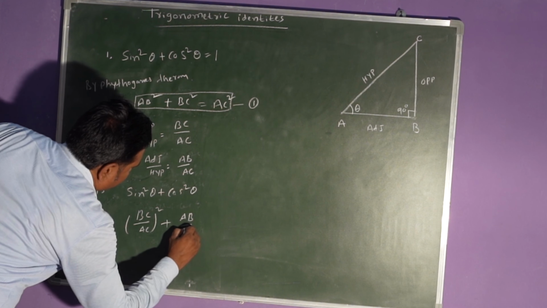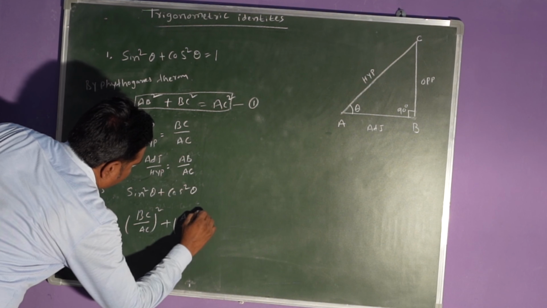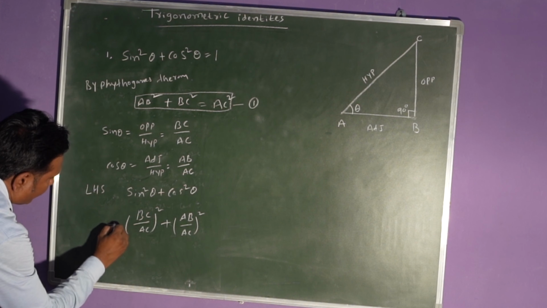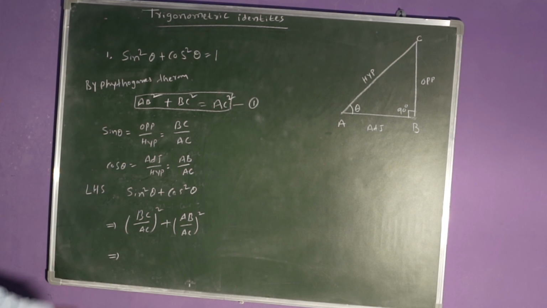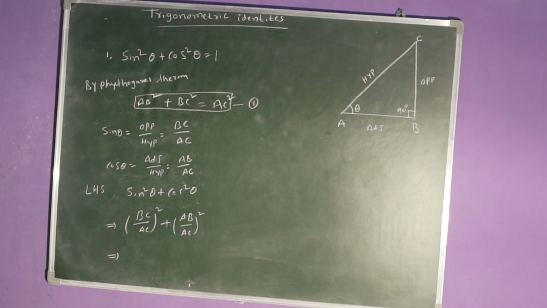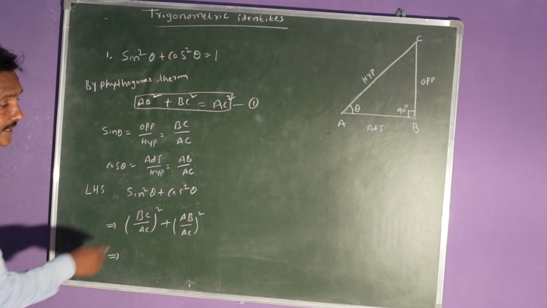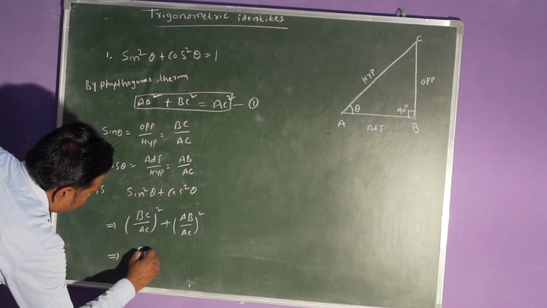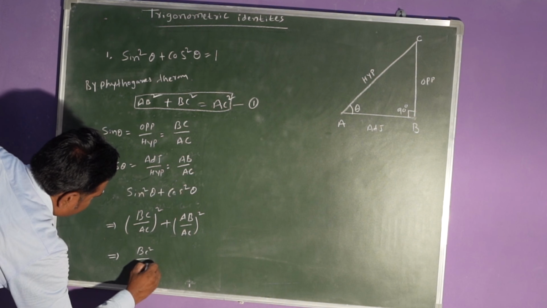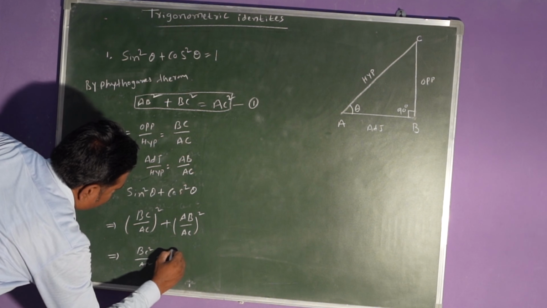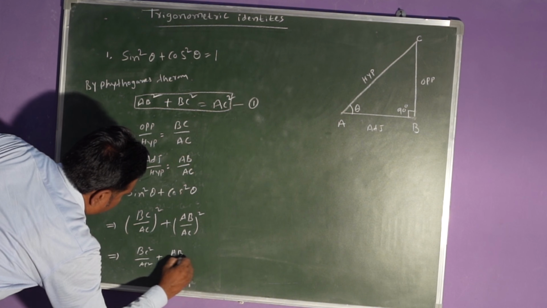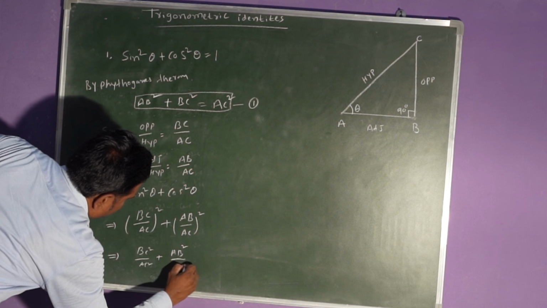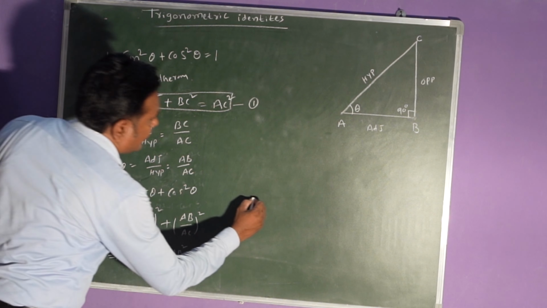Then this implies BC by AC whole square means BC square by AC square, plus AB square by AC square. Okay?